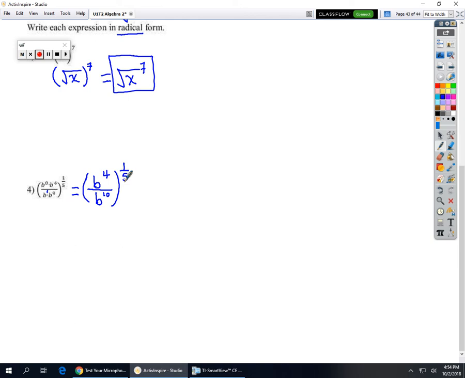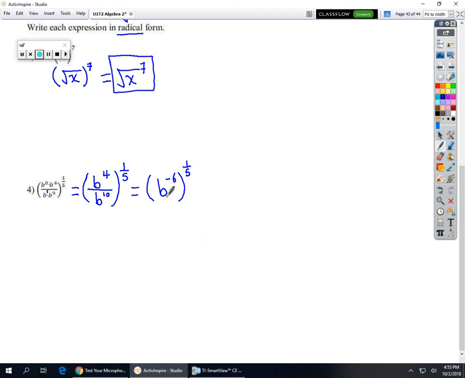So b to the 4th divided by b to the 10th. Remember, when you have an expression like this, you are subtracting the exponents. So b to the 4 minus 10. That's going to be negative 6. So that's actually b to the negative 6, all to the 1/5.